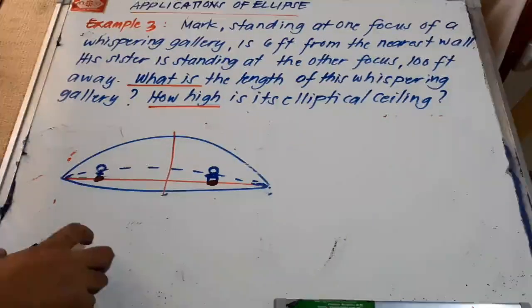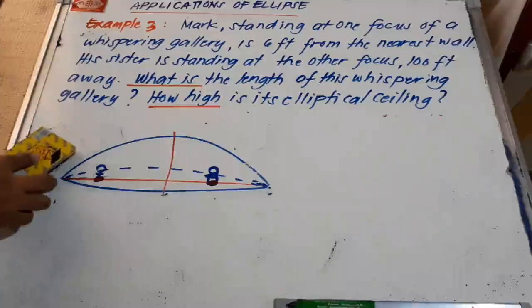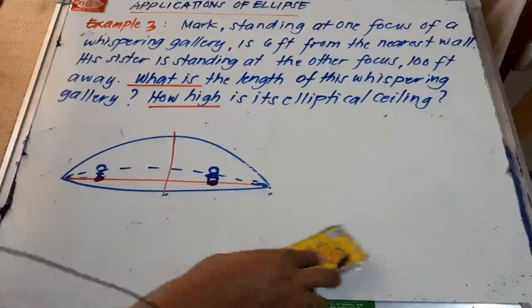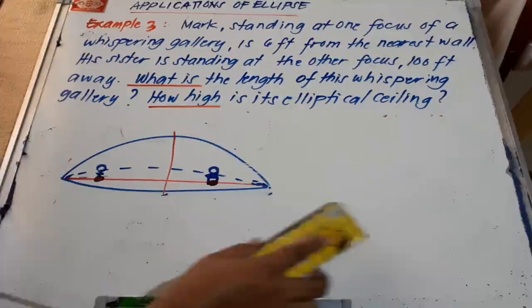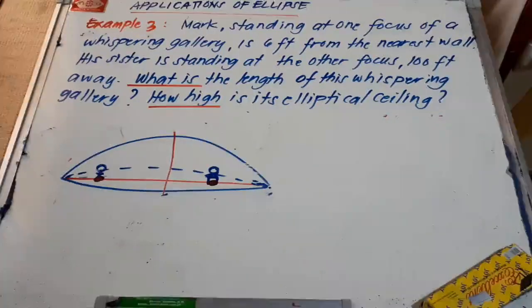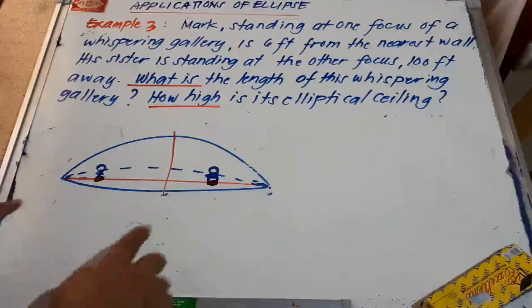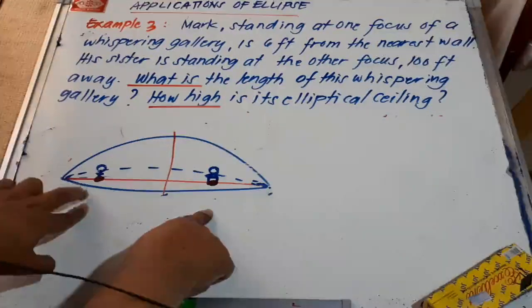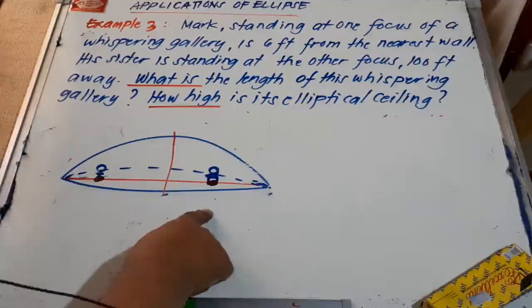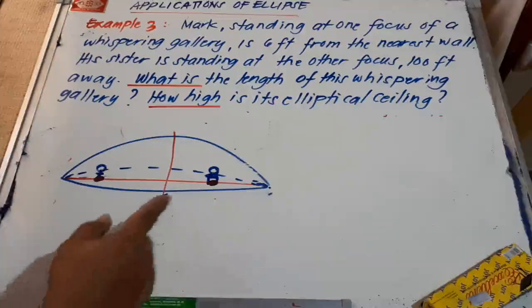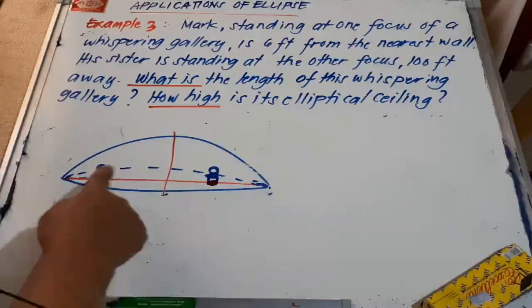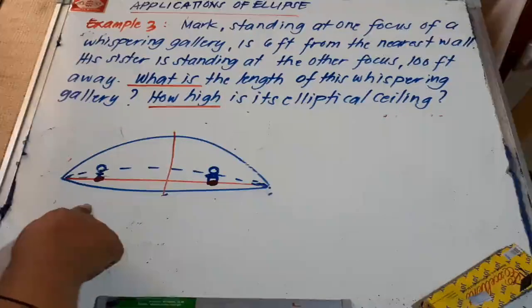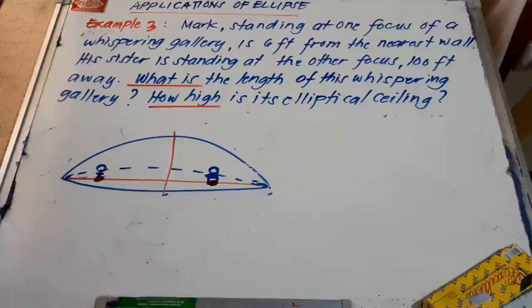Actually, this is an ellipsoid. And this is about a whispering gallery. At kapag ikaw ay nasa whispering gallery or whispering room, ang ceiling kasi nito is elliptical. Kapag meron dalawang persons standing at the foci of this ellipsoid, pag nag-whisper ka doon, maririnig nung isang taong nakatayo doon sa focus of the ellipsoid.